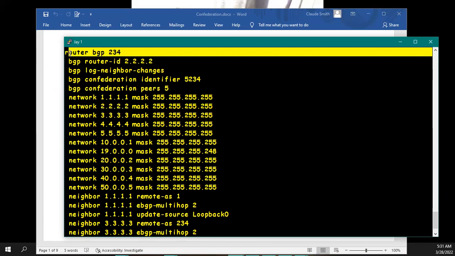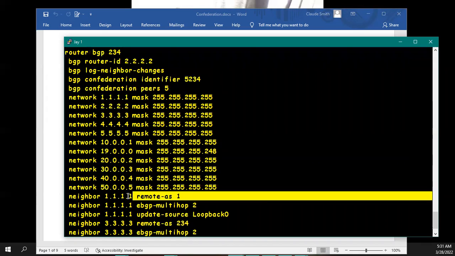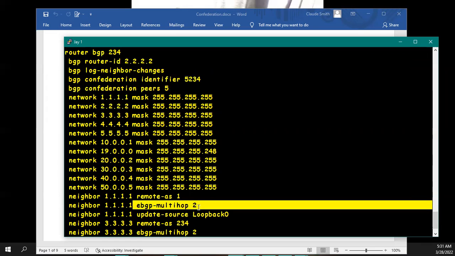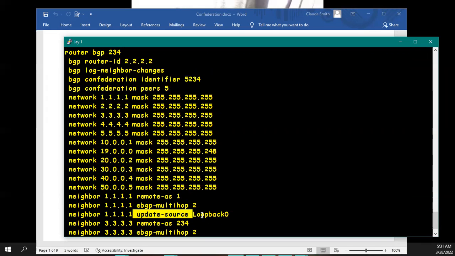And you see we have a process autonomous system up here for 234. And then, like I said, the eBGP is identified with having a different autonomous system.